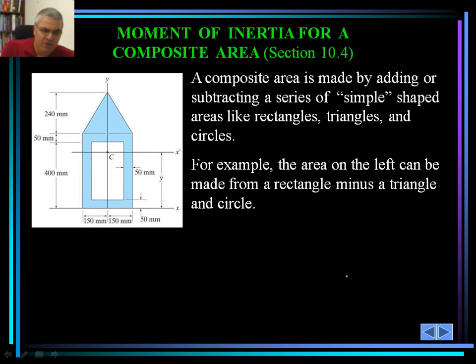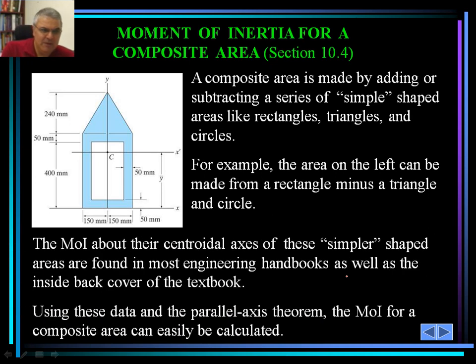So, for example, the area to the left can be made of the entire object minus the hollow part, which is shown by white, or it could be made up of individual pieces shown in blue. This could be 1, this could be 2.